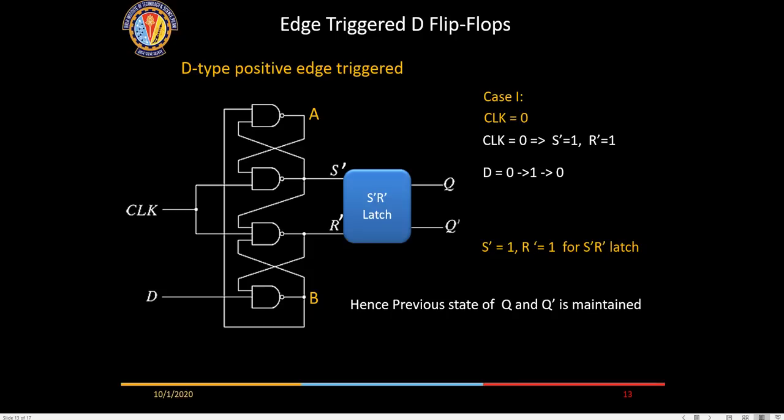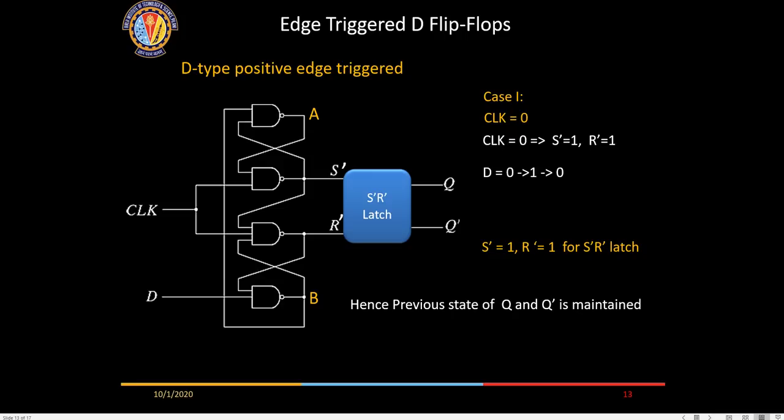Is it clear to everybody? When clock is 0, this latch will continue to hold. This is only one case where the clock is 0 and D is changing, but the value of D will not be reflected to the output, because S bar and R bar are set to 1 now. Is it clear to everybody?